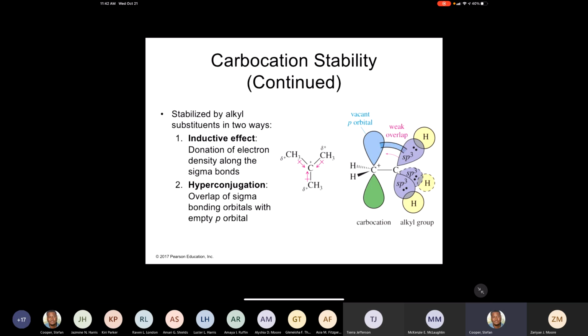So this is kind of where it comes from. So let's go back one more time. Let's try to break down this last point that I need to make, and then we're going to end today on our different types of reactive carbons.